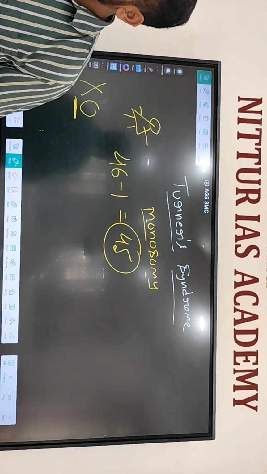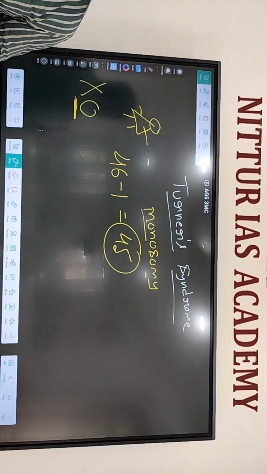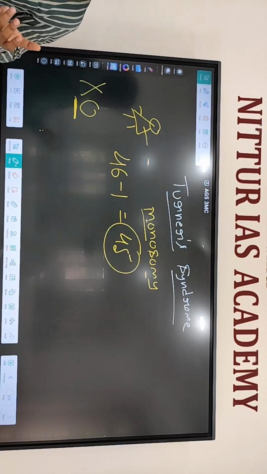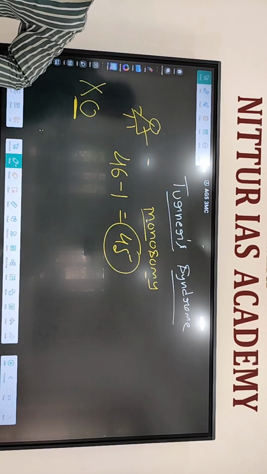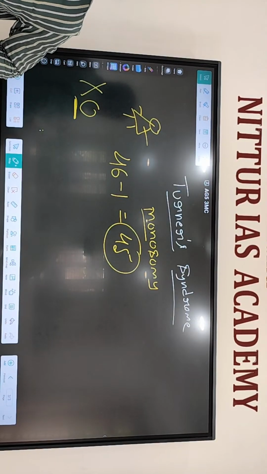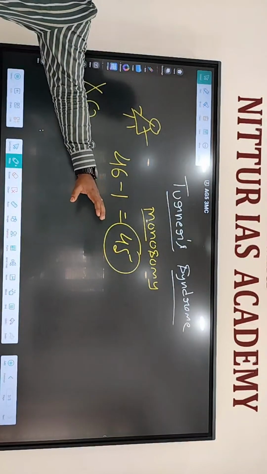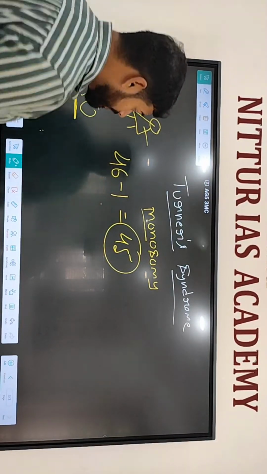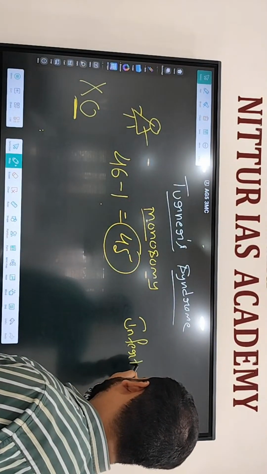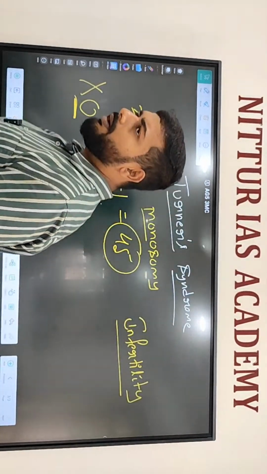Symptoms: she will be lean. During puberty, many changes happen, right? The mammary glands enlarge, and the pelvis bone enlarges for the proper delivery of the baby. All these things are not seen here. There is no mammary gland enlargement, no pelvis bone enlargement, and a very important thing, infertility. There is no mental disability.